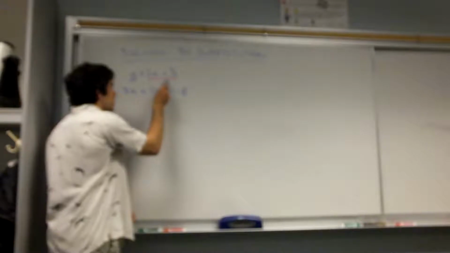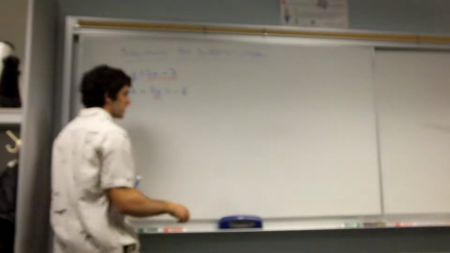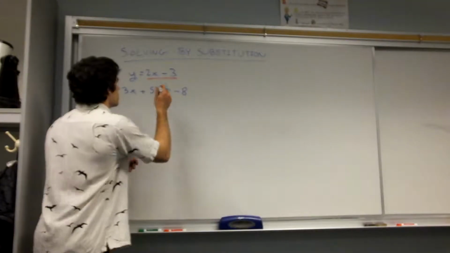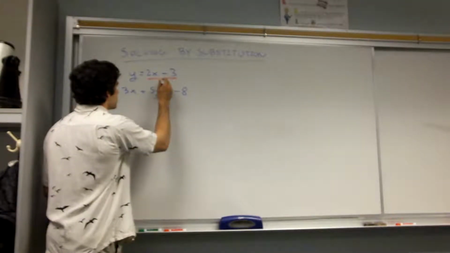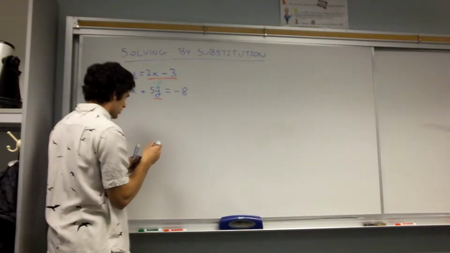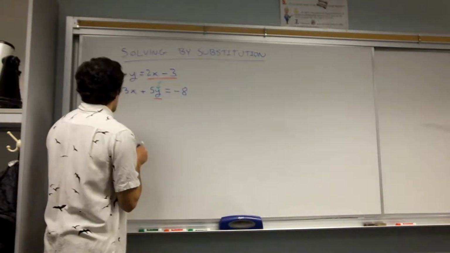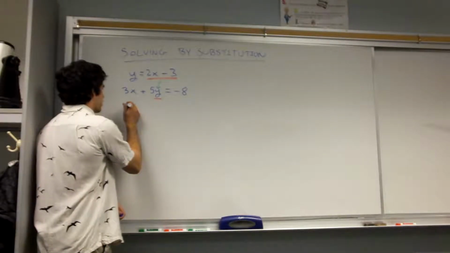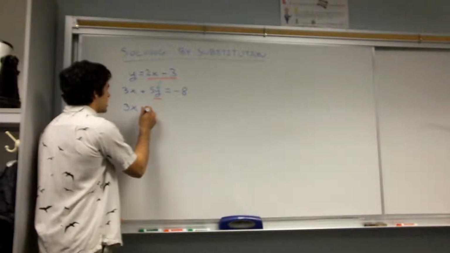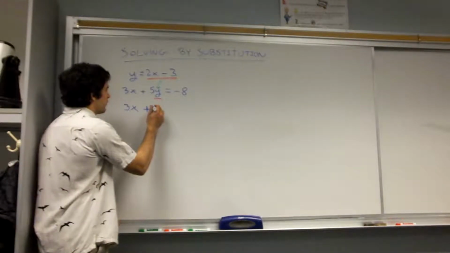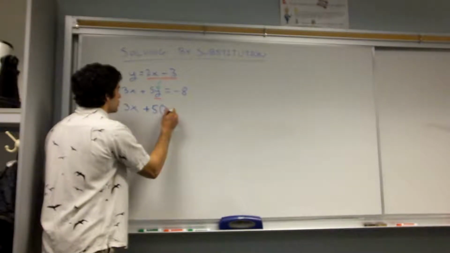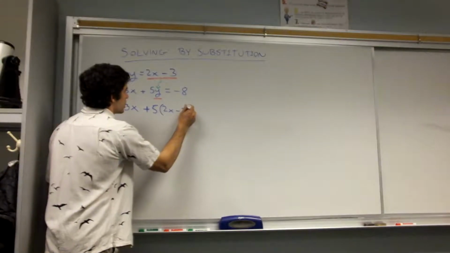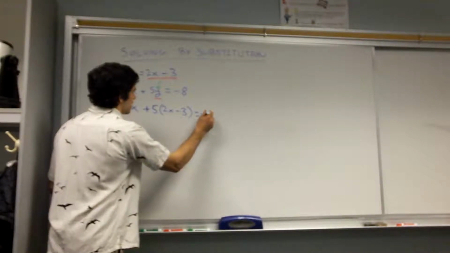So since y is equal to 2x minus 3, we can substitute 2x minus 3 for y in the second equation. So what is this going to look like? We don't do anything to the 3x, right? So we have 3x, now we have plus 5, and then in parentheses 2x minus 3, is equal to negative 8.